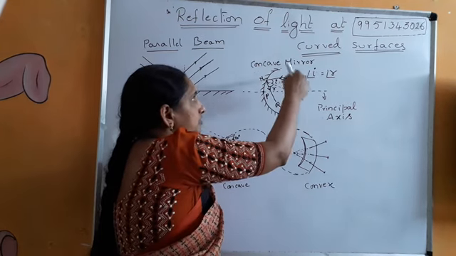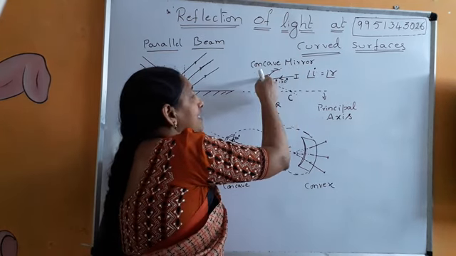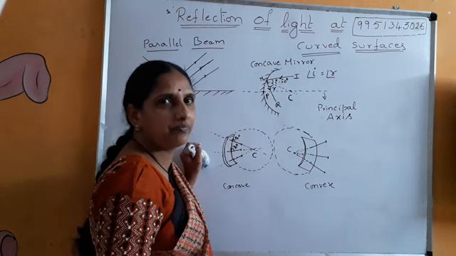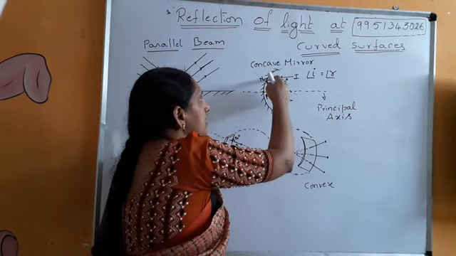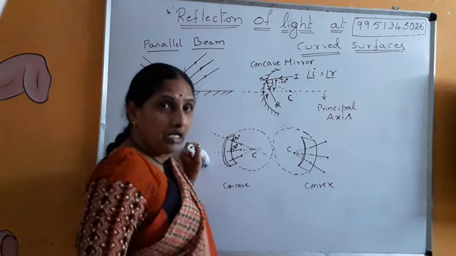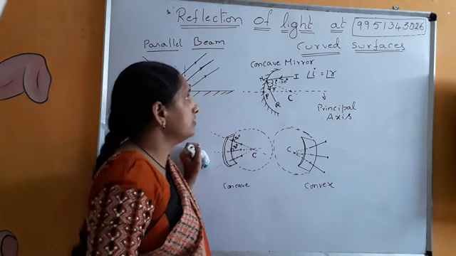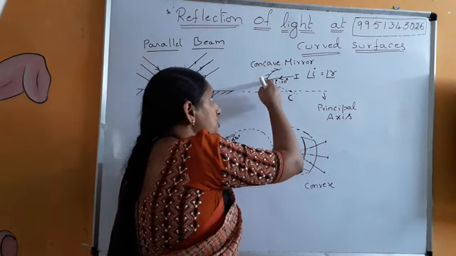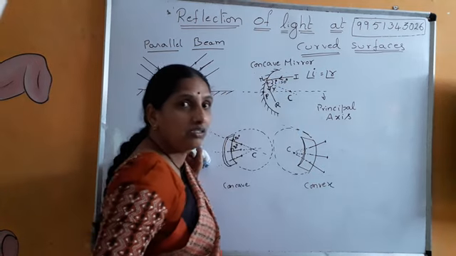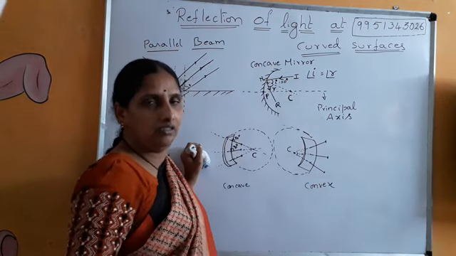Right. And now, I took IN as the incident ray. It makes an angle of i with the normal. And from the first law of reflection, the ray should get reflected back into the same plane from this point with the same angle.